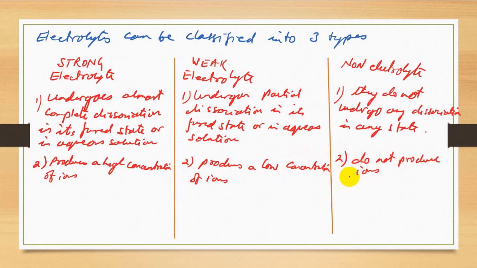So basically, what is happening here is that everything dissociates, so they consist of ions only. Because if I take 100 molecules, all 100 molecules will dissociate. So no molecules will be left, only ions will be left. Whereas in this case, they consist of ions as well as molecules.